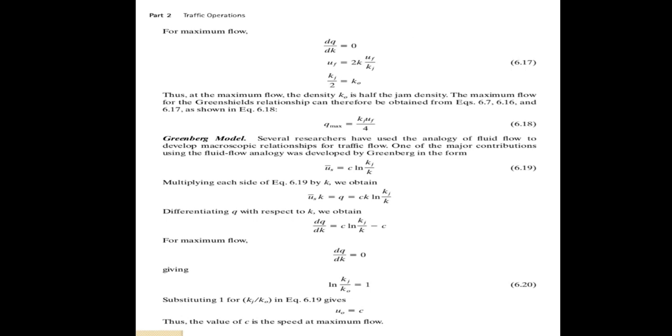Since Q equals Q K, substituting Q and the square root of U sub S for K in equation 6.13 that I gave you. This is for the maximum flow.